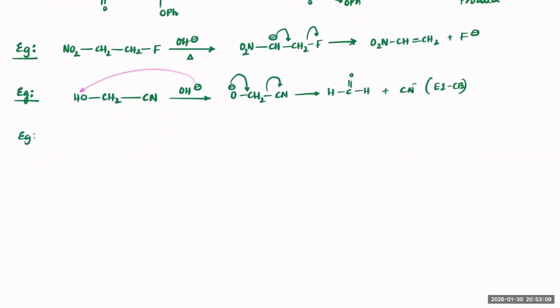Another example, if you have a double bond O and then we have an OH group here and let's say there is something like RO minus here or even weaker bases like water will also work.